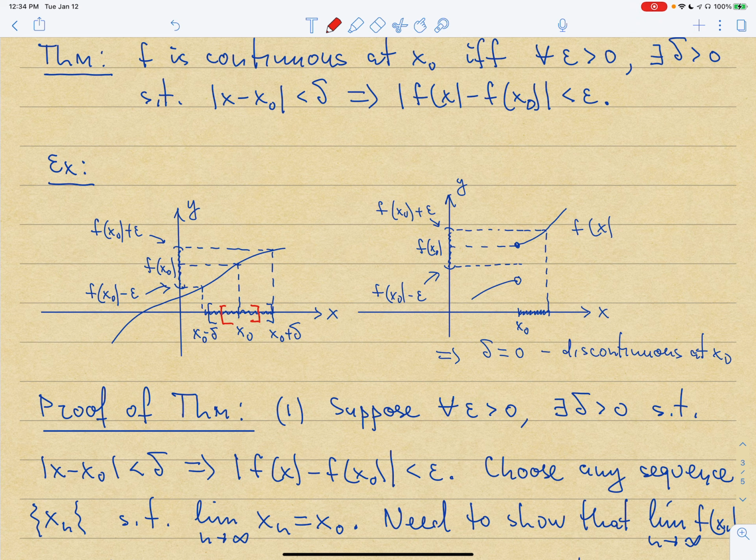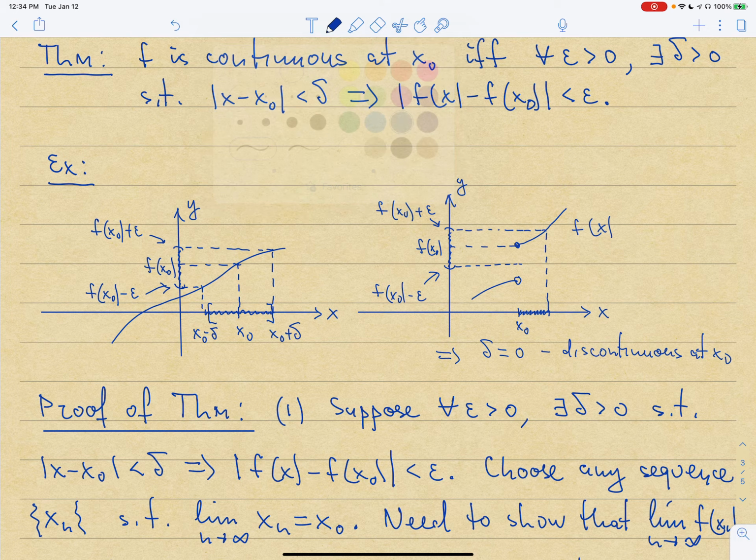Because as long as x is inside the red interval, f of x is always within epsilon of f of x0, right? So the choice of delta is not unique. I can always choose a smaller delta and things would still work.